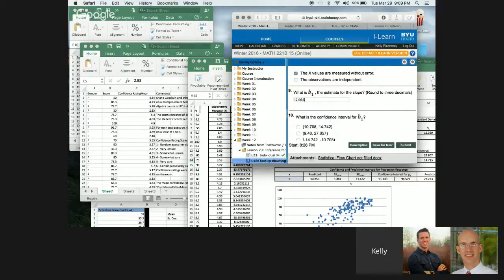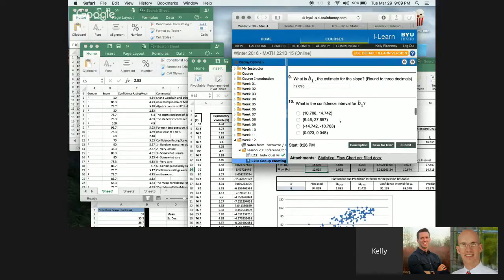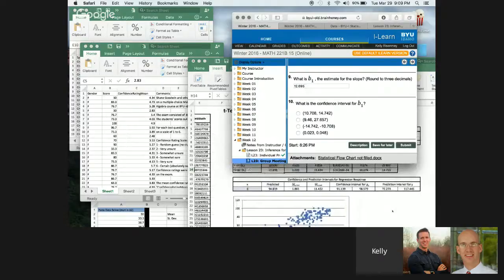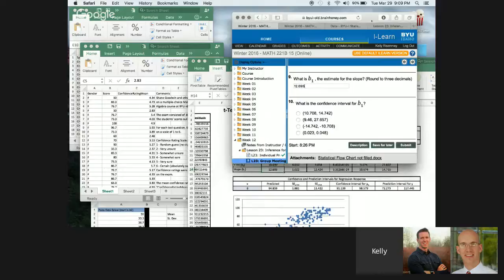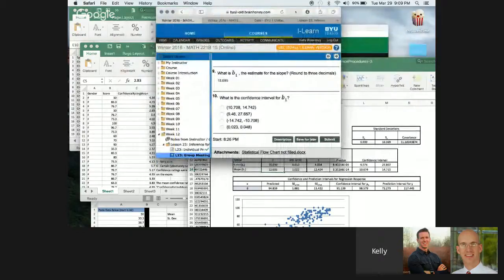Sweet. And the confidence interval, I put A, but the numbers aren't exact, but they're really, really close. The confidence interval spreadsheet doesn't match up identically with the homework problem, but they're very close, 10.7, 14.7. What did it pull up on yours, Kelly?